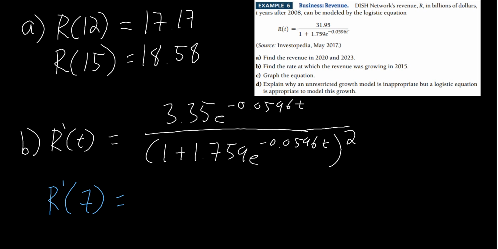So this is going to be 3.35, let's put that in parentheses, times e raised to the negative 0.0596 times 7, and that's my numerator, divided by my denominator, which is 1 plus 1.1759 times e raised to the negative 0.0596 times 7, and then all that squared.